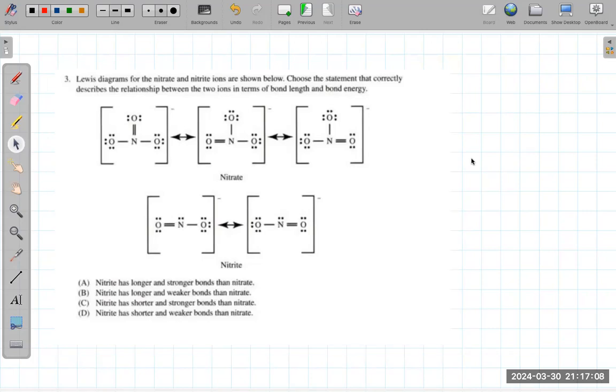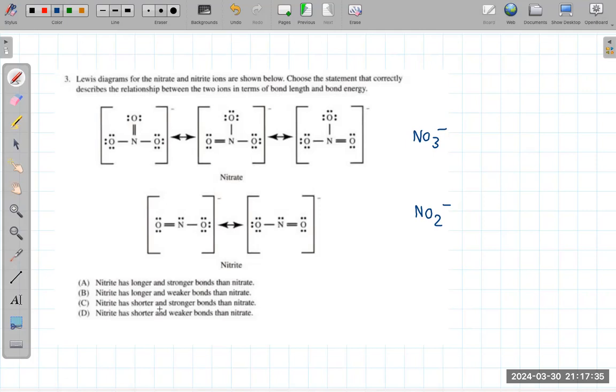So the first one is the nitrate, that's NO3 minus. And the second one is nitrite, which is NO2 minus. Nitrite has longer and stronger bonds than nitrate, or nitrite has longer and weaker bonds. Nitrite has shorter and stronger. Nitrite has shorter and weaker bonds. Let's have a look. This is a very nice question.